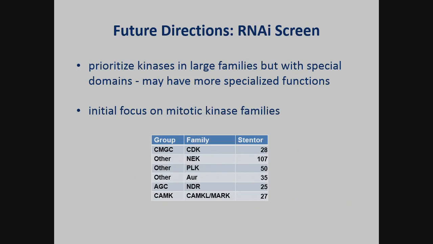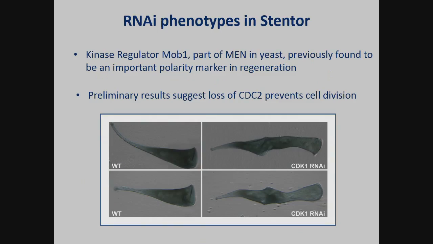So what I'm working on now is an RNAi screen of the kinases to look for ones that are specifically involved in regeneration, and primarily focusing on mitotic kinase families. And I'll mention that our grad student Athena is also helping with this and focusing on the auroras specifically.